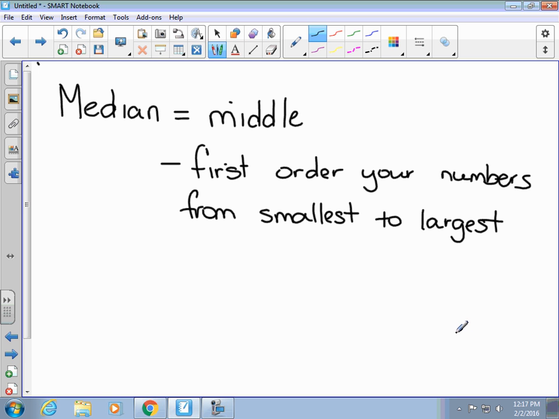So you always have to order. That's your biggest mistake on median. When I look at it and it's counted wrong, it's because you didn't order them. You'll go from whatever order they give you. Okay, we'll talk about that in a minute.